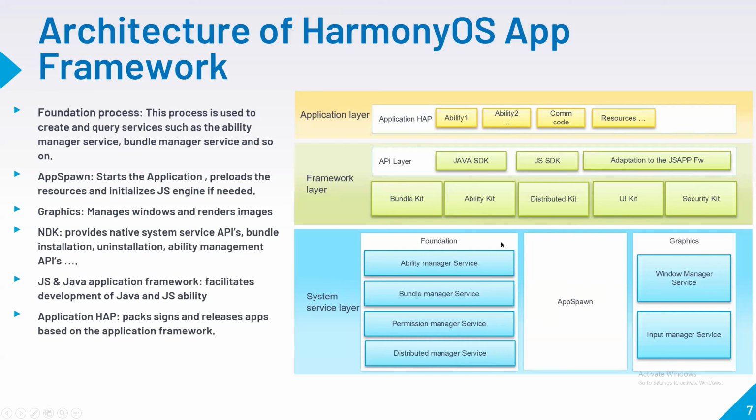Then we have a graphics layer internally, which is majorly focused on creating the window manager service, where each of our views is drawn, or we simply call it a canvas, where everything is drawn within the canvas. Everything is handled by the window manager. The window manager also makes sure which window has the highest priority.